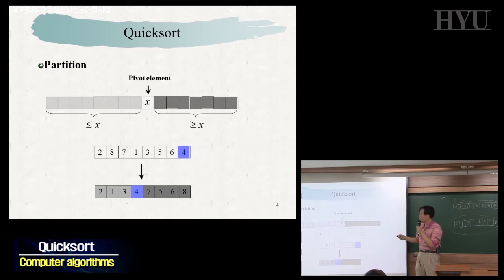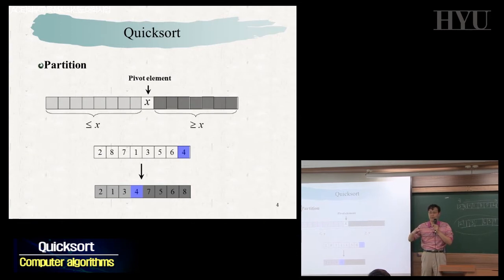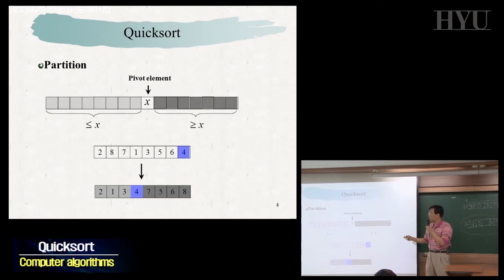Note that the pivot element will be here after sorting, because there are some exchanges and order changes among these elements, but there are no other changes between these 2 partitions and the pivot. So we recursively apply quicksort on this partition and this partition.